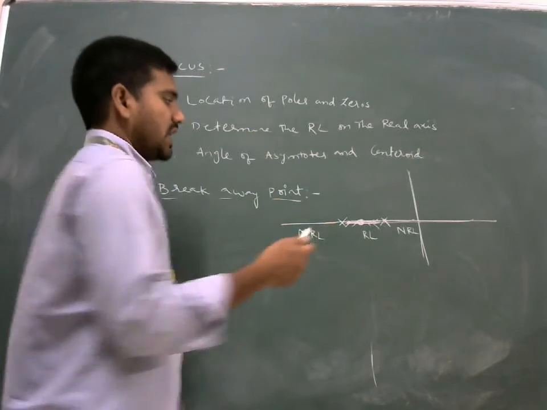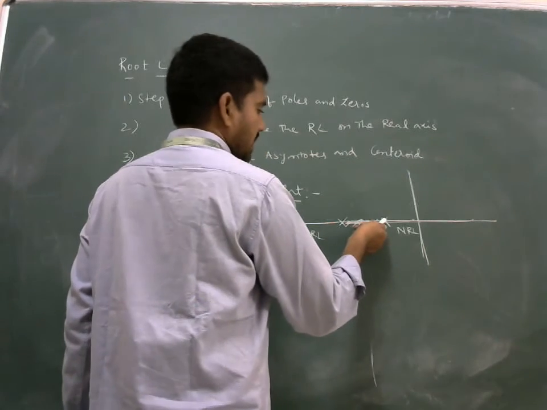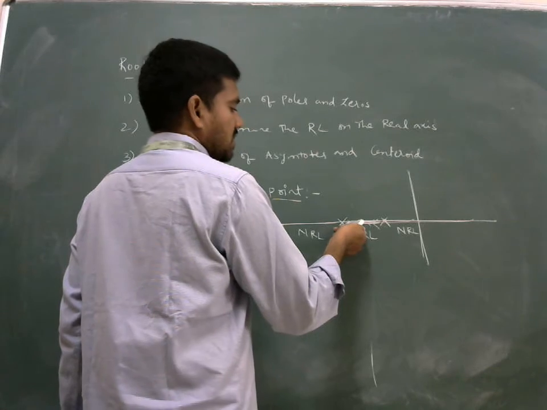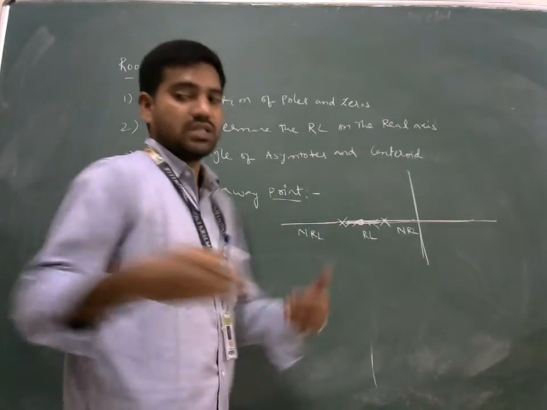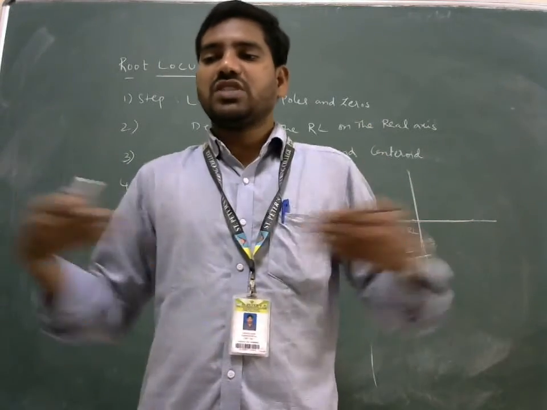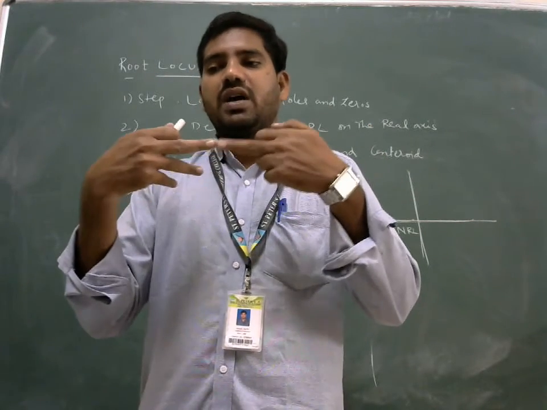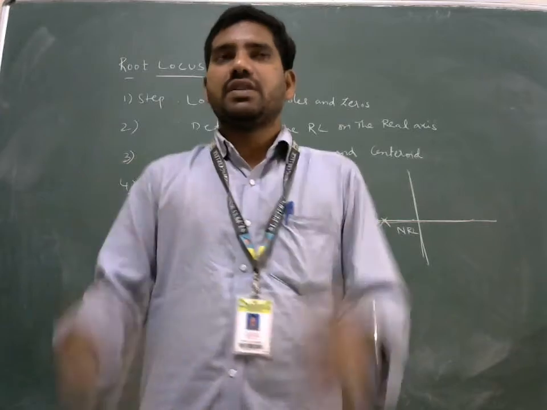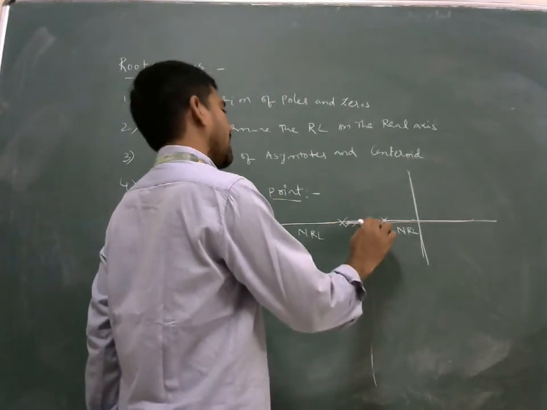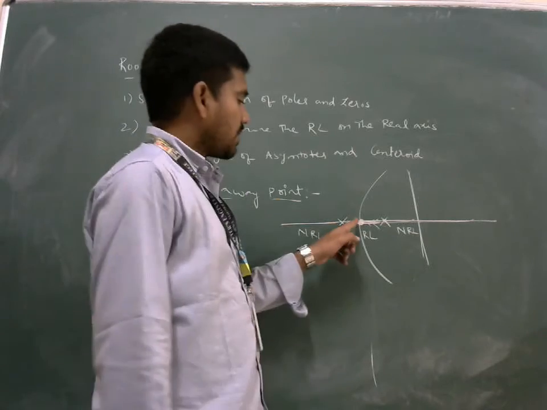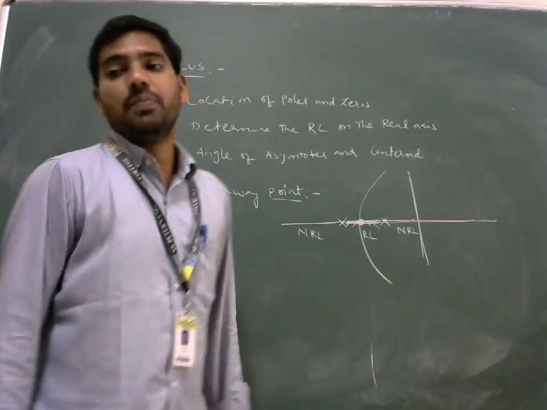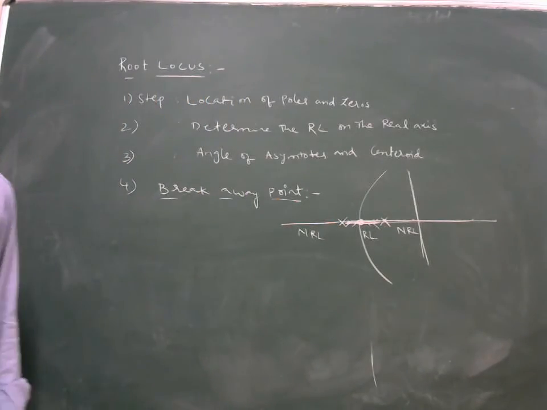Both travel in opposite directions, collide with each other, and deviate at some angle like this. That particular point we call the breakaway point.